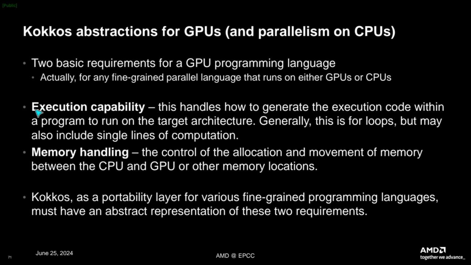There's two basic requirements for a GPU language. One is execution capability and the other is memory handling. We've talked a little bit about this, but if you see the pattern of the memory movement and how to specify running a loop in parallel, they're really fairly similar across languages.